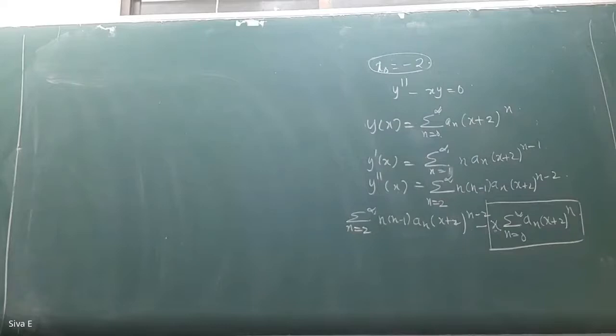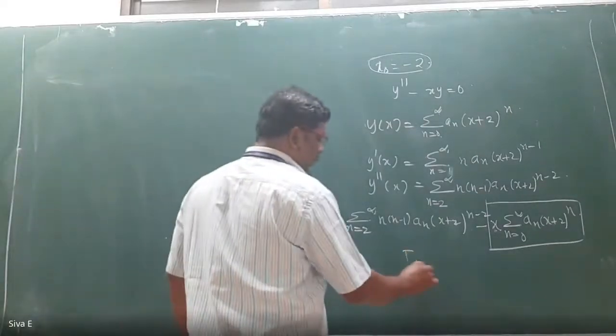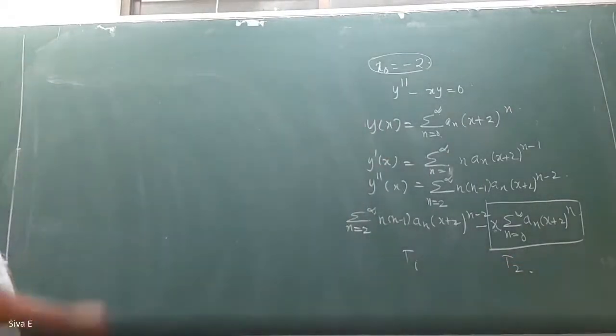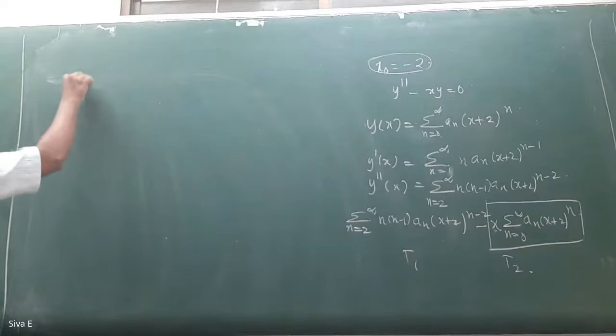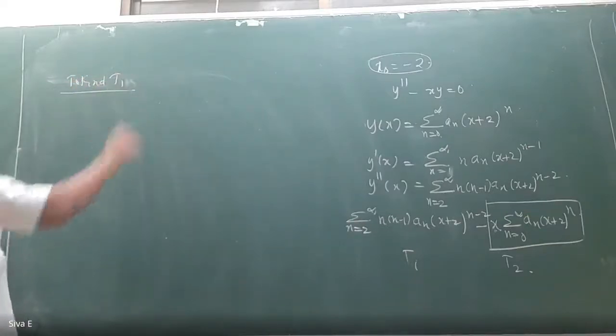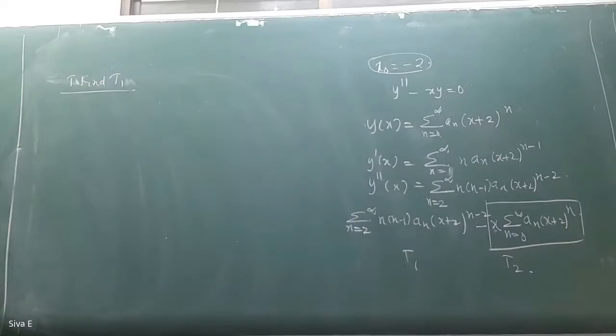Take these as term 1, term 2. First, find term 1 in terms of x plus 2 whole power n.